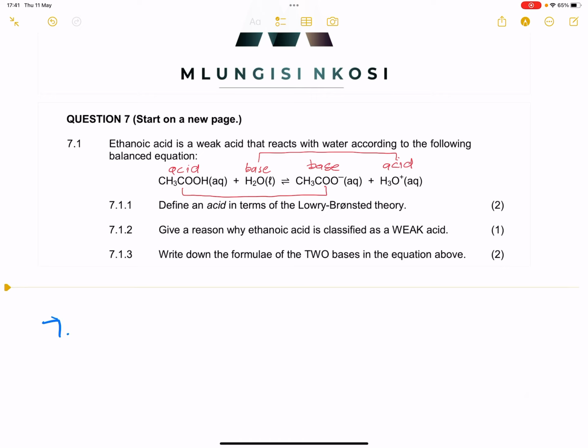They say give a reason why ethanoic acid is classified as a weak acid. Remember, in this case, a weak acid ionizes partially, or we can say it does not ionize completely in solution or in water.